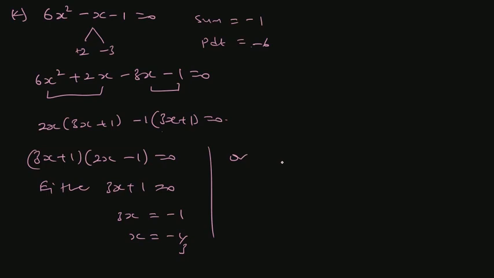Or 2x minus 1 is equal to 0, giving us 2x as a 1, and when we divide both sides by 2, we remain with x as a half.